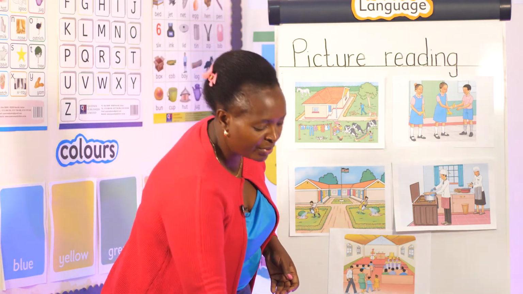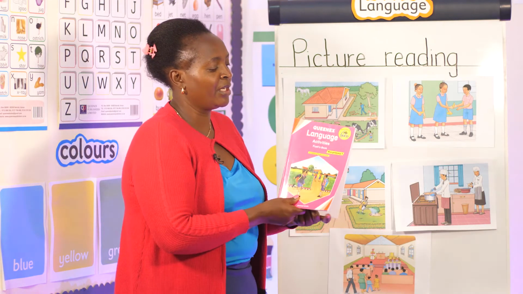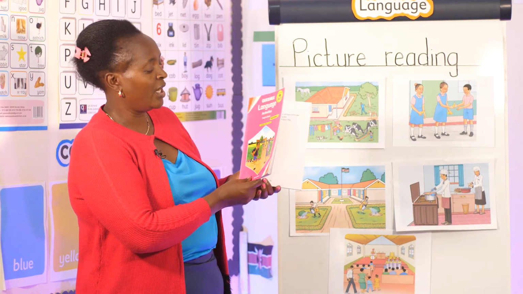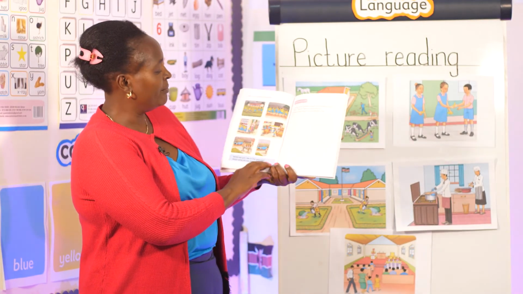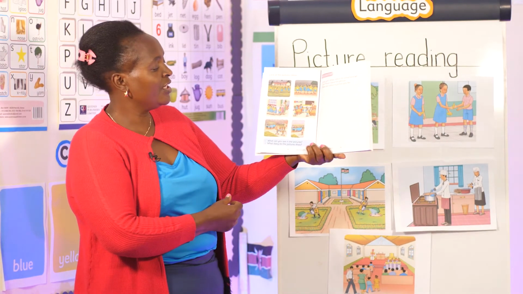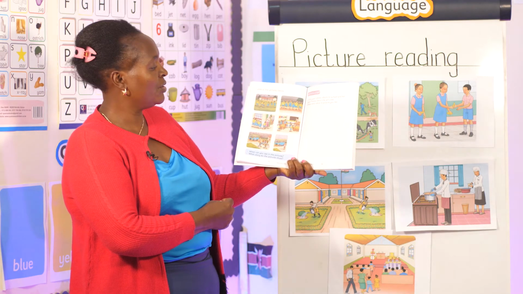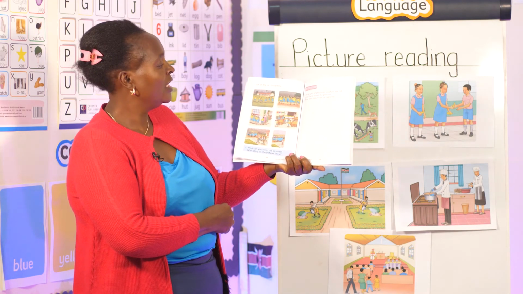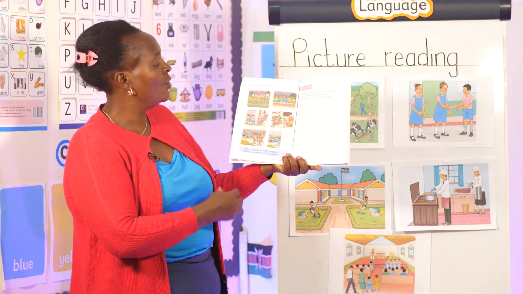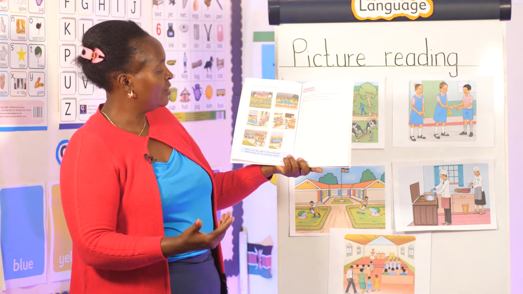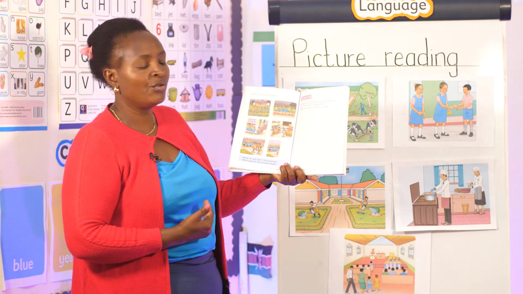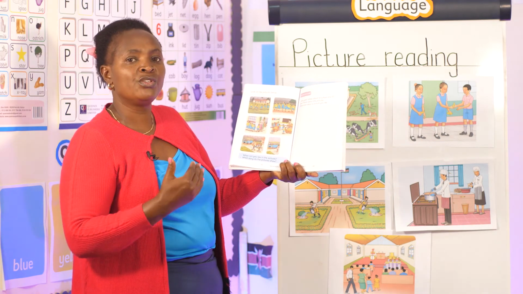Now, I have a book here, a pre-primary 1 book. This is a language activities workbook. On page number 53, I have several pictures. If you have this book at home, you can open page 53, look at the pictures, and say what the children are doing. Where are they? What are they doing? And you can discuss these pictures with your parents at home, with your friends, or with your siblings.